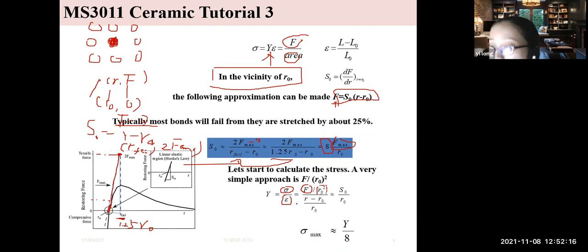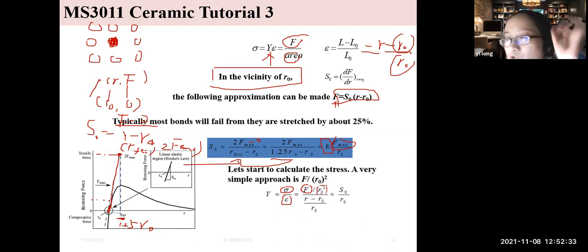And the strain, as we already said, is R minus R naught over R naught, where R naught is the original length. So I just use the equation, force over area, with each atom taking about R naught squared of area.